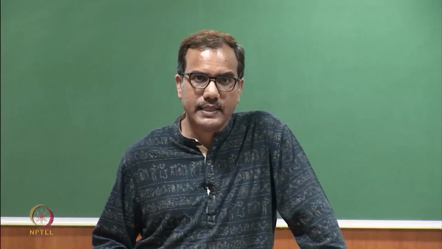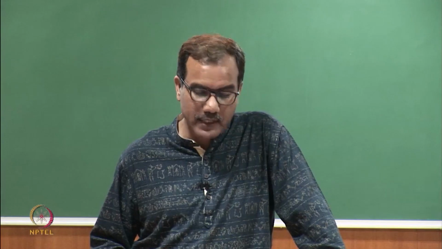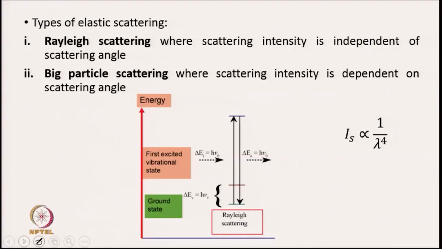Again, elastic scattering can be of two types. One is Rayleigh scattering, where the scattering intensity is independent of the scattering angle, and in this case intensity is proportional to 1 by lambda to the power 4, or inversely proportional to lambda to the power 4.